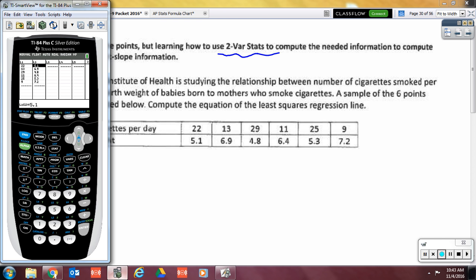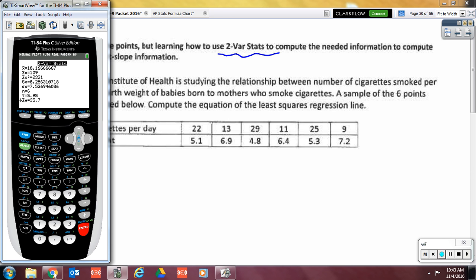I'm going to go stat over to calc, and we have done 1 variable stats in the past, but now we're going to do 2 variable stats, and all that does is calculate the information for the x variable and then the information for the y variable at one time. So it's just going to do 2 sets of data at once.